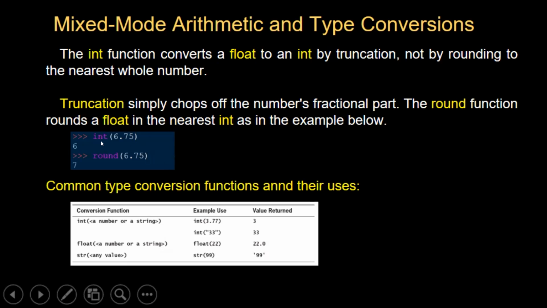So for example, int 6.75. So since this is an integer function, it will only give you the whole number, not the fractional part na 0.75. While in round, so this is rounded off, no?